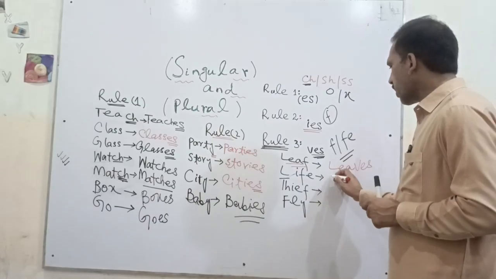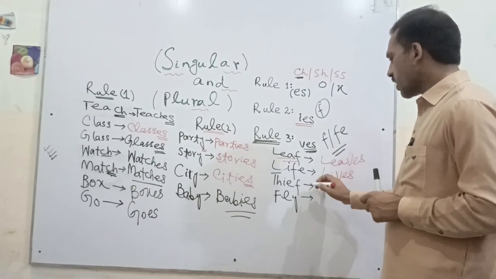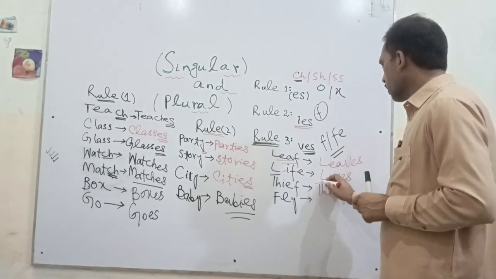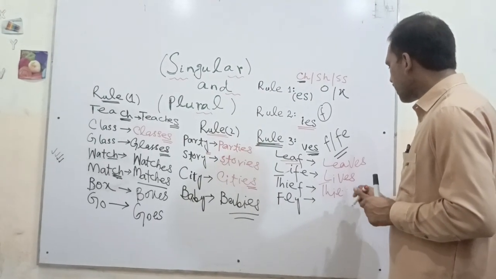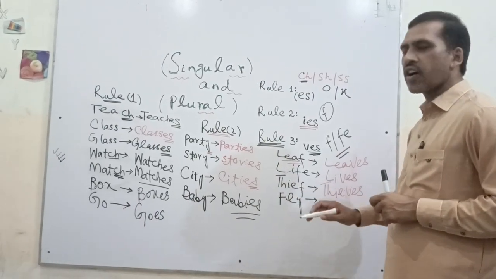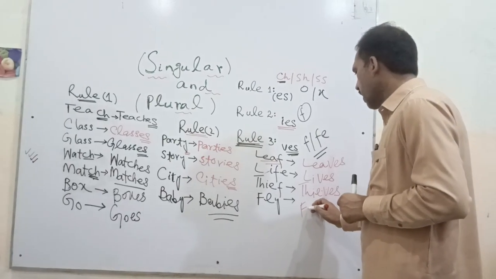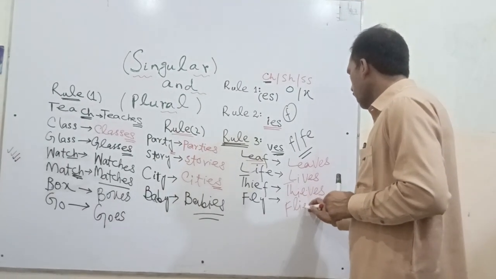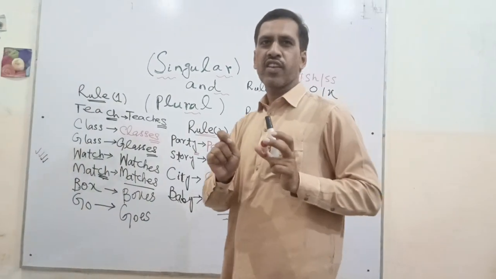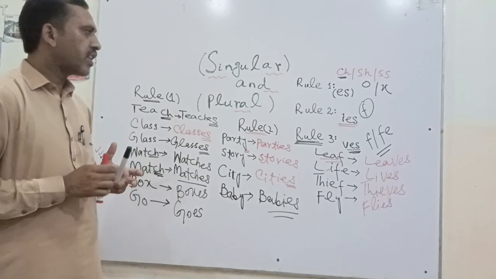In the same way, life becomes lives, as well as thief becomes thieves. And fly is a verb that becomes flies. So these are 3 rules which you should always remember.